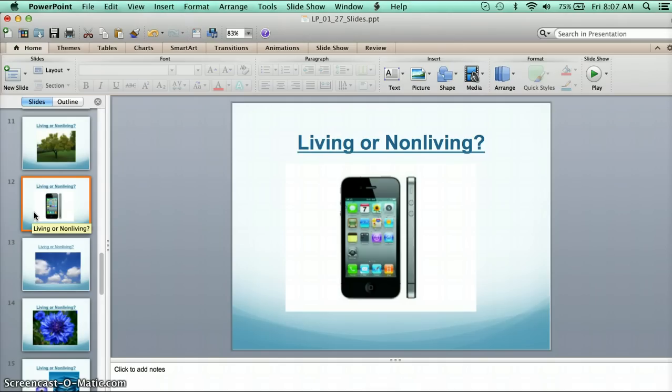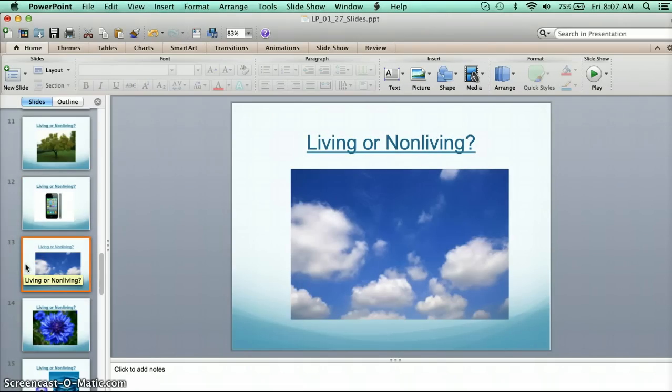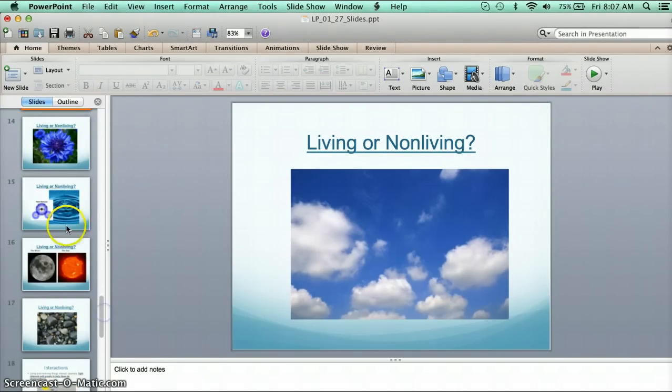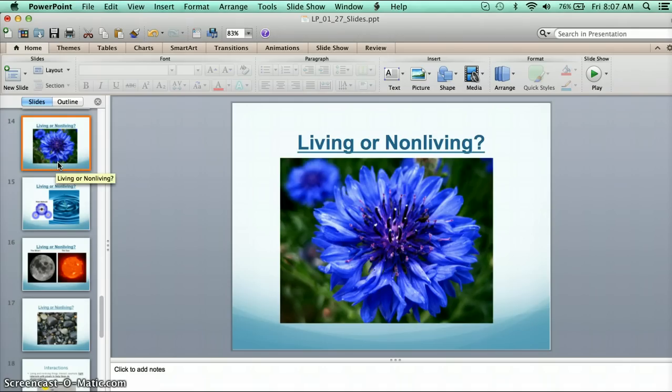Okay, the next thing is this iPhone, living or non-living? Okay, how about the air in the sky? The air. Is it living or non-living? The next thing is this flower, so another type of plant. Is it living or non-living? Is it made up of cells or is it not? Is it made up of atoms?